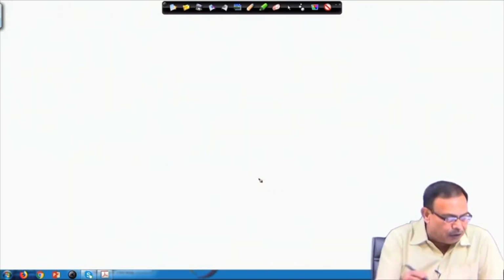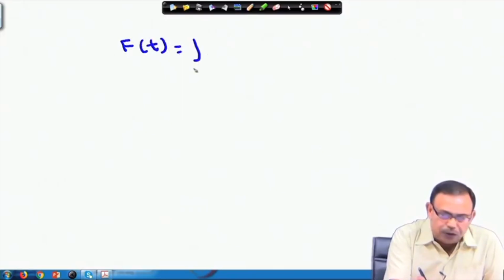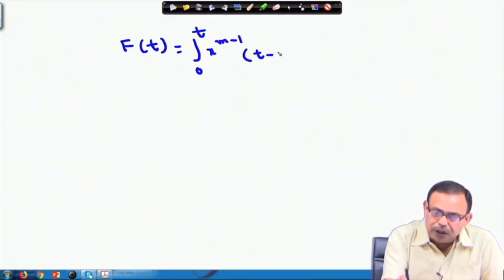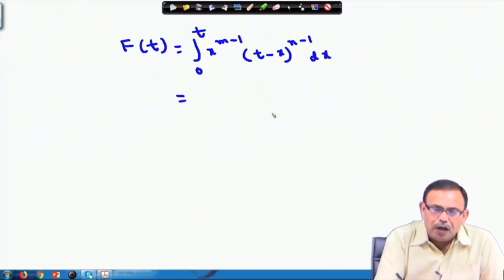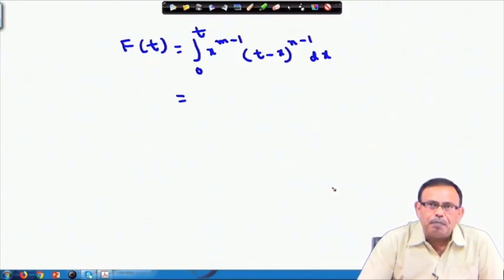So, from here now you can write down f(t) equals integral from 0 to t of x to the power m minus 1 into (t minus x) whole to the power n minus 1 dx, and that is nothing but, the Laplace transform of f(t) was gamma m plus n by s to the power m plus n.